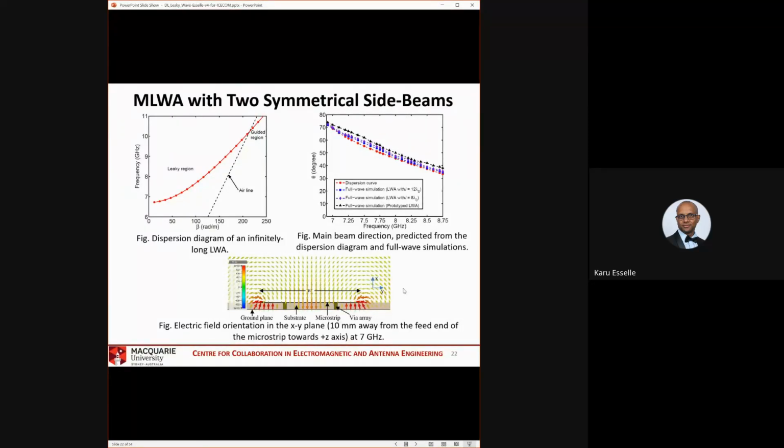And this is the simulated field distribution. You can see the vias and the null here, the edges that are radiating, and the nature of the field. This is at 7 gigahertz.